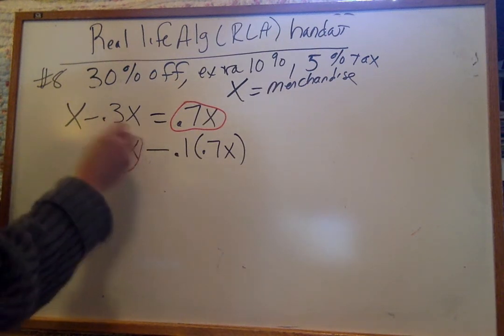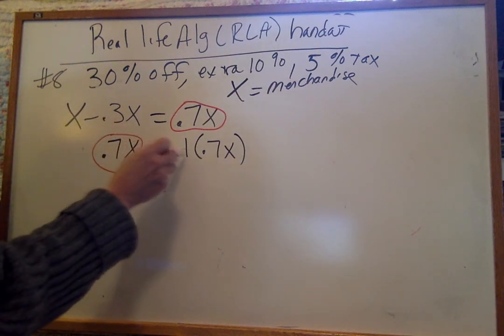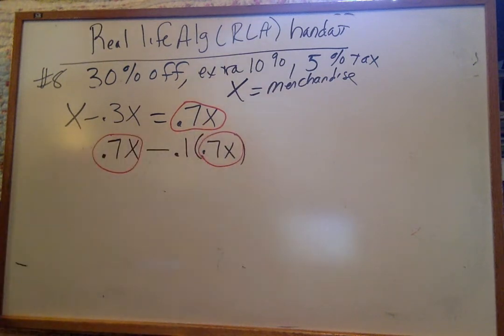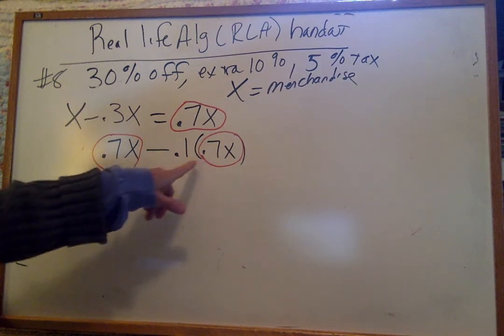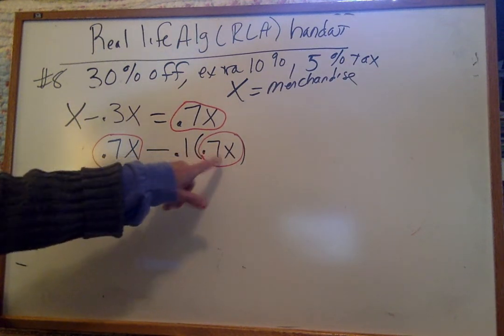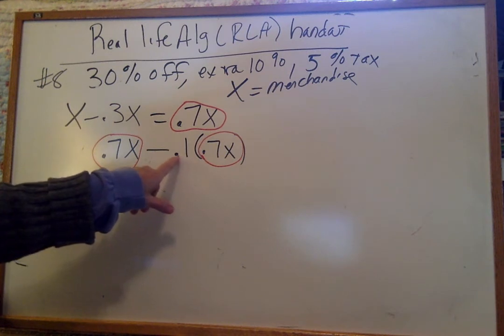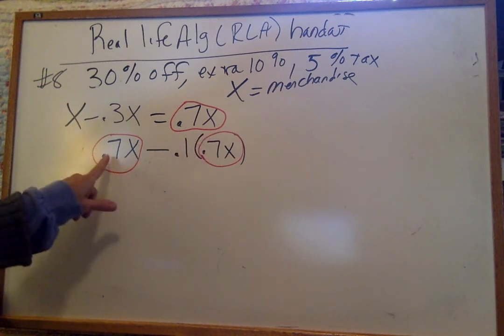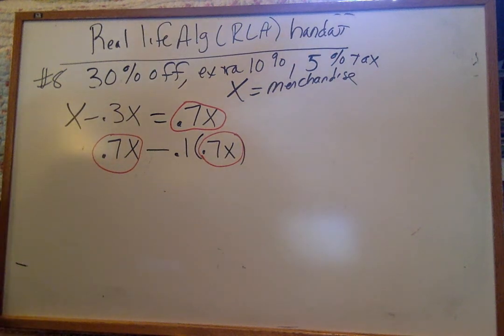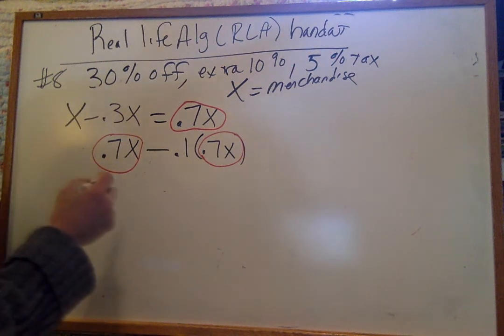Now I got sale price minus 10% of my sale price. You're perfectly allowed, one thing times one thing times one thing. You can move them around, right? Figure out what 0.1 times 0.7 is. Take that coefficient away from the 0.7, whatever it takes for you to make sure.